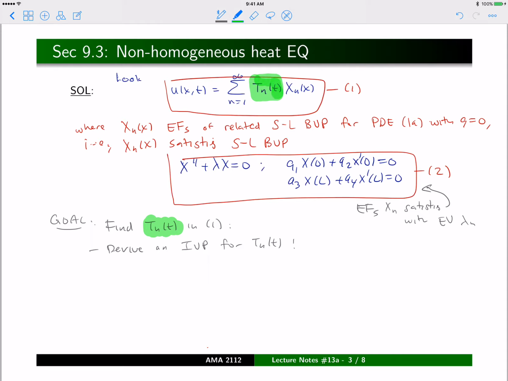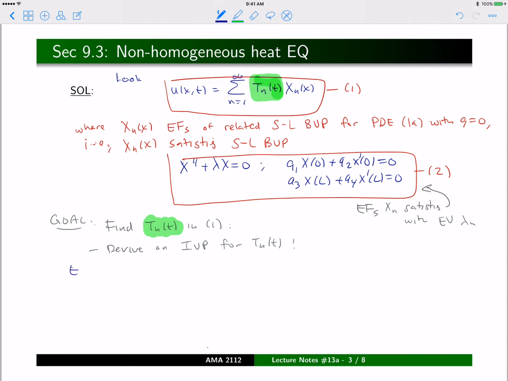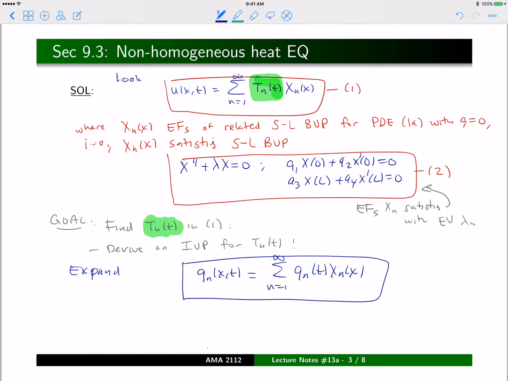So the next step, let's expand our non-homogeneity, g of x and t in PDE 1a, in terms of the eigenfunctions of the associated Sturm-Liouville problem. Let's call it equation 3. We can do this because, remember, the eigenfunctions form a complete set.